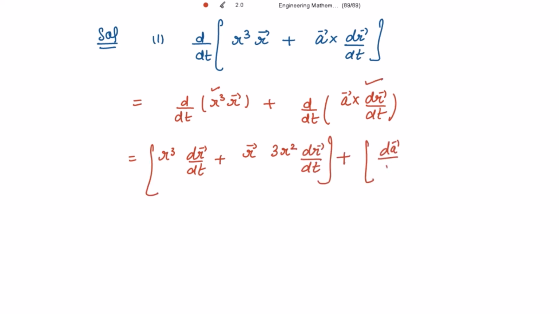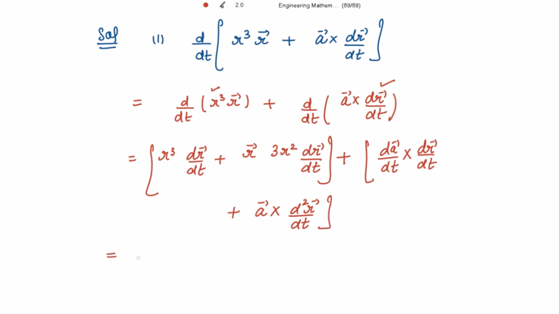Differentiating the a vector, having its cross product with the second one, dr by dt, plus a vector its cross product with the derivative of the second one, so double derivative of r vector with respect to t.